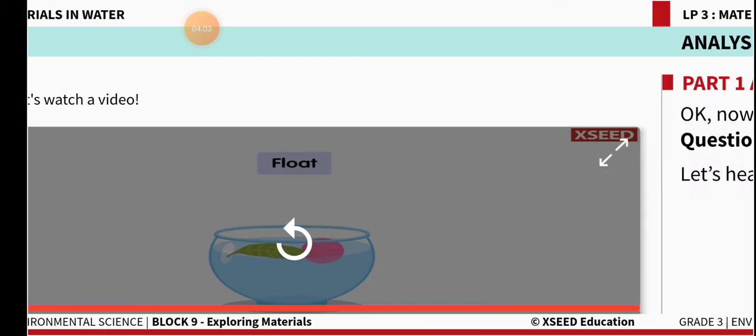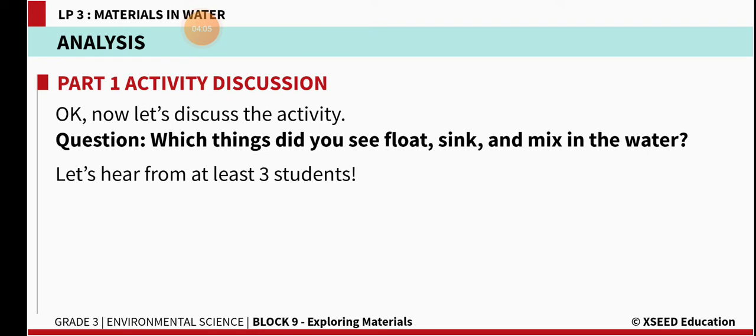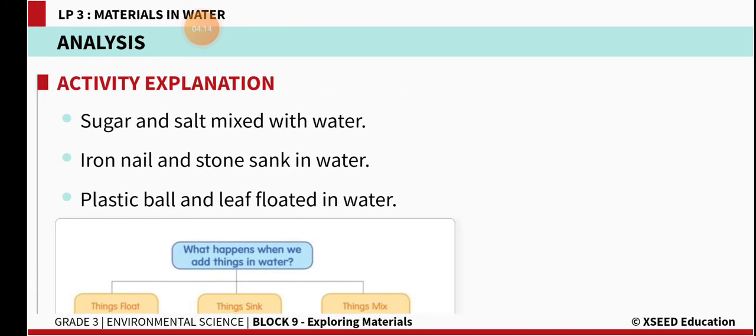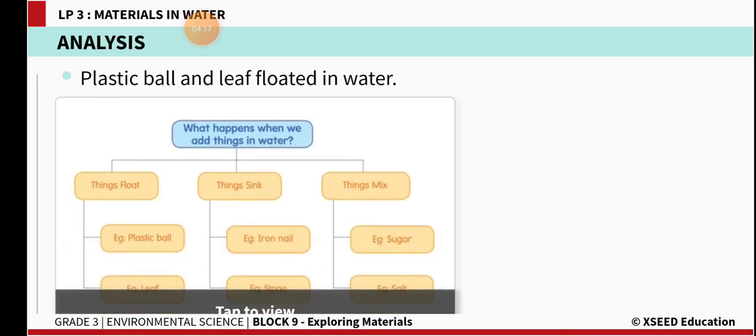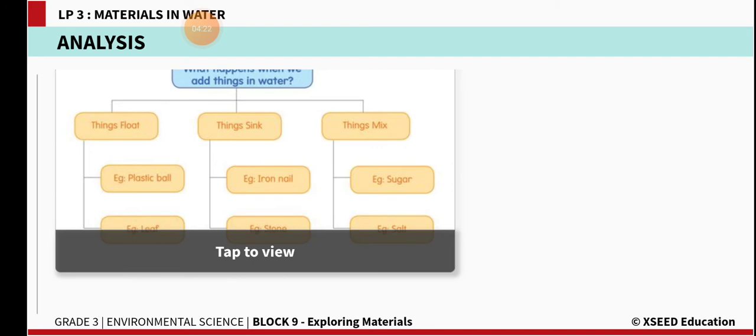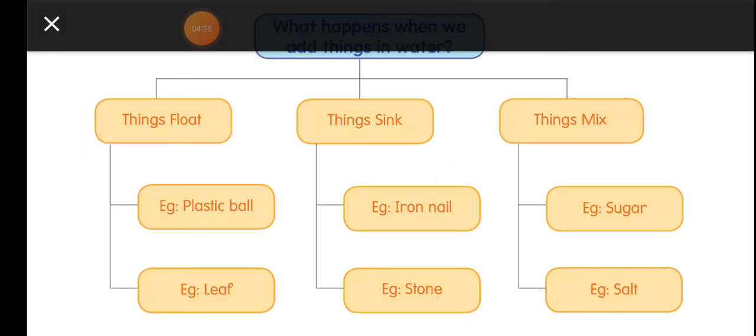Yes, you can enjoy by doing this activity, right? What actually happened? Which things did you see float, sink and mix? You know very well. You had just now seen what happens when we add things in the water. Things float. Which things are floating? Like plastic ball is floating and the leaf is also floating.